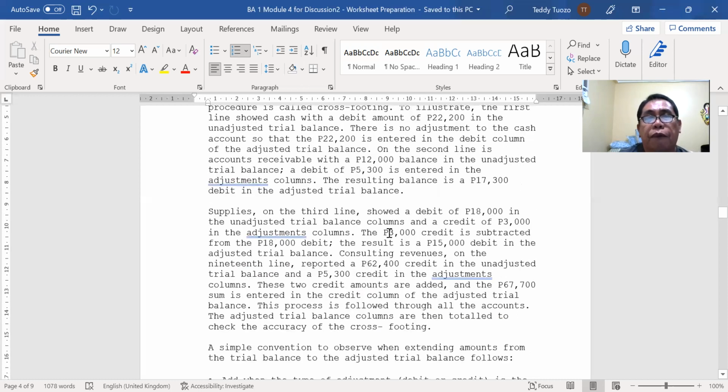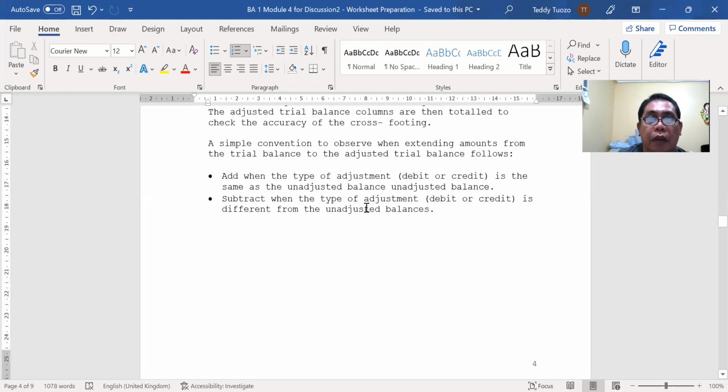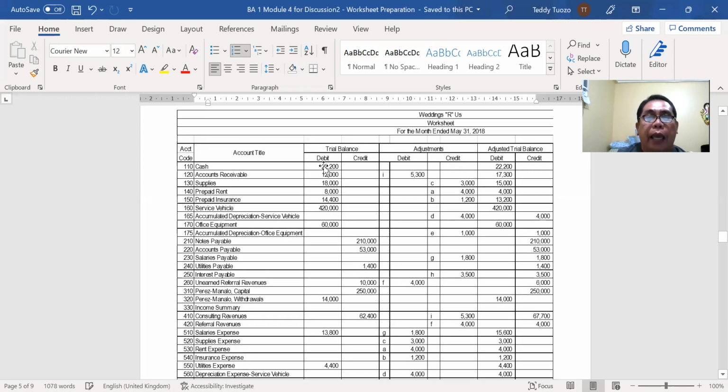So what about, sige, I will discuss it with you, whatever is there in the worksheet already. Now we have already the adjusted trial balance column. Remember, I just showed you in Exhibit 5-2 how we posted the adjustment amounts in each respective debit or credit column.